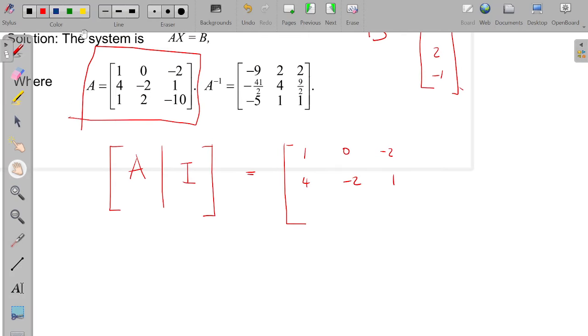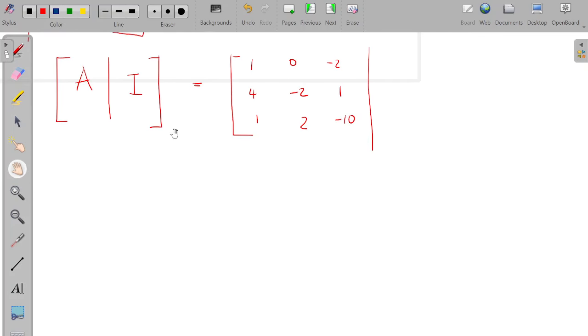Yeah, that's fine. Then we have 1, 2, negative 10. That is our matrix A. We are going to put it side by side with the identity, which is 1, 0, 0, 0, 1, 0, 0, 0, 1.